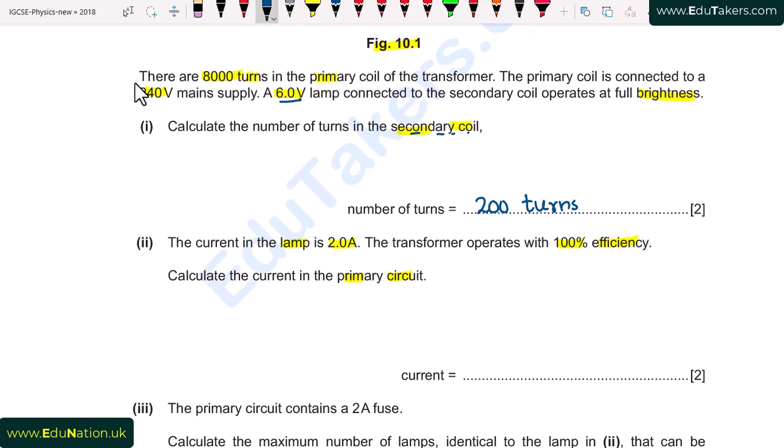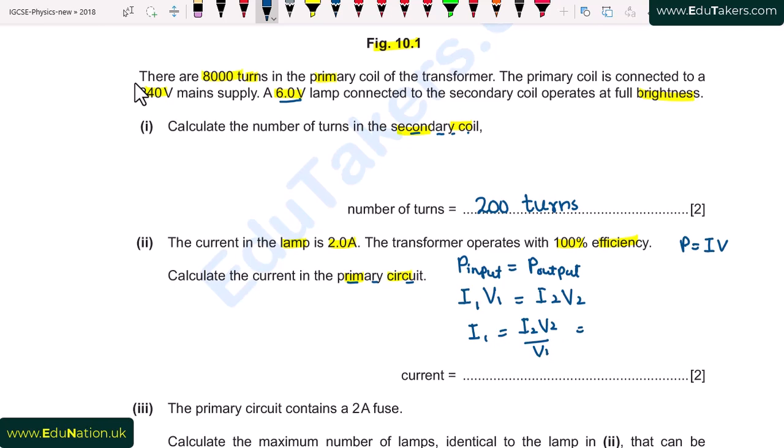I write here, for a transformer to be 100% efficient, input power will be equal to output power. So we know that power is the product of current and voltage. I write here, if I1 is the current of the primary coil and V1 its voltage, I1 V1 will be equal to I2 V2. So here we have to find the current in the primary circuit. It is I1, which will be equal to I2 V2 over V1.